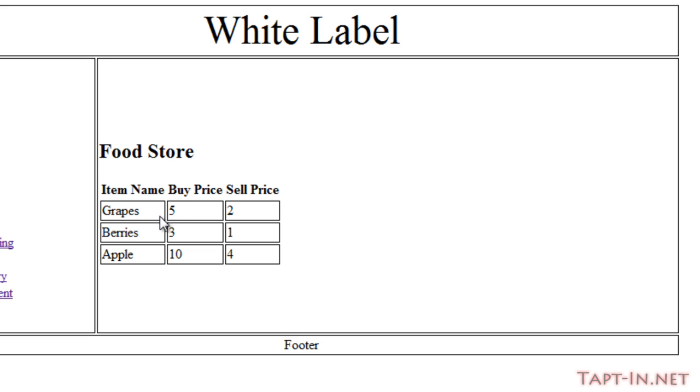So we can buy grapes for 5 gold, sell grapes for 2 gold, and the same with berries and apple. You might want to put in the other information like strength and defense and the HP.